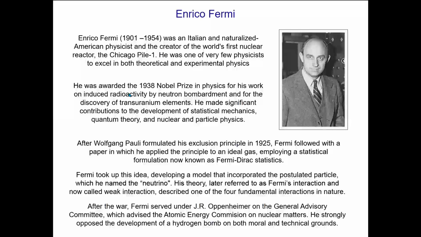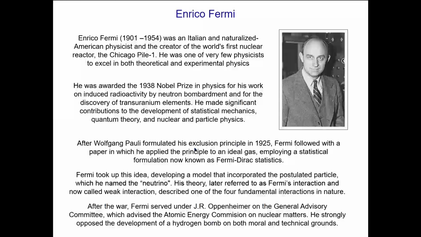In 1938, he was awarded a Nobel Prize in Physics for his work on induced radioactivity and for the discovery of transuranium elements. He also made significant discoveries in statistical physics, quantum field theory, and nuclear particles.